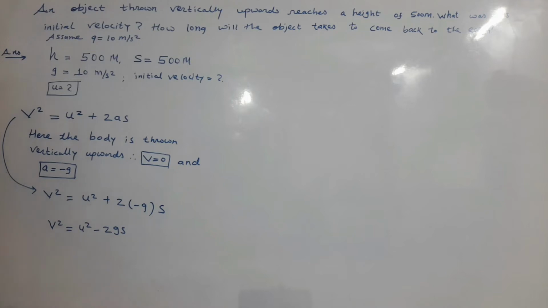Now my dear student, here we have to find the initial velocity. So we will put the value here. v will be equal to 0, so we can put 0 is equal to u square minus twice gs.